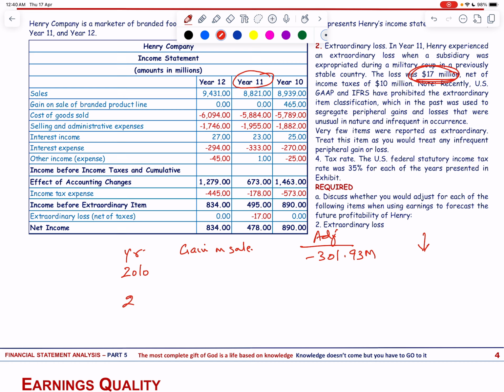For the year 2011, there is an extraordinary loss, and we have added back 17 million, and this is going to increase the net income for the year 2011. For the year number 12, there is no reclassification, so there are no adjustments over here.